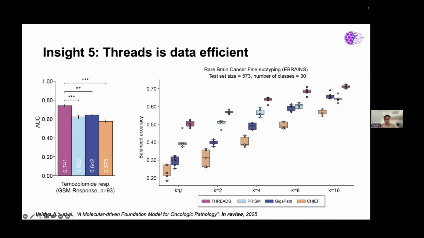So here, K represents how many samples you have per class. And because this is a 30 class problem, K equals 1 really means a dataset size of 30. We can see that even with one sample, Threads is able to outperform most of the models, which are at even K equals 8 or K equals 4. And this really goes to show the data efficiency of Threads.